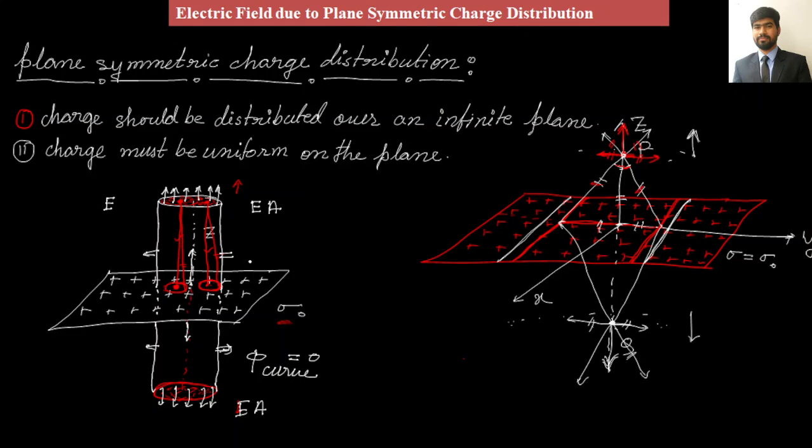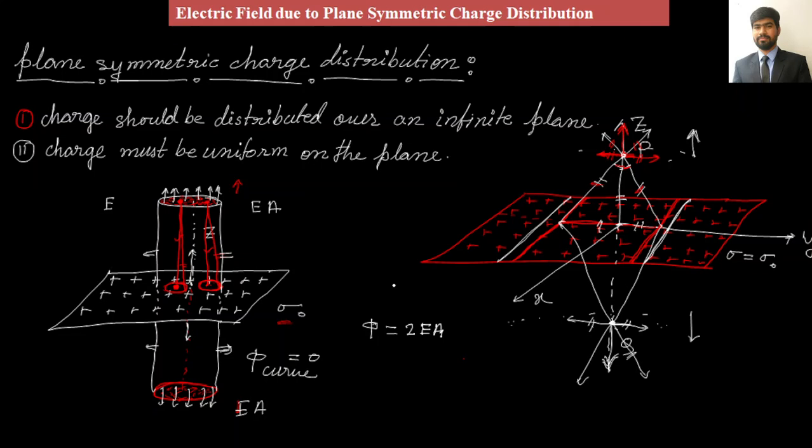So the total flux through this type of Gaussian surface for this plane symmetric charge distribution will be 2E into A. That will be the total flux.